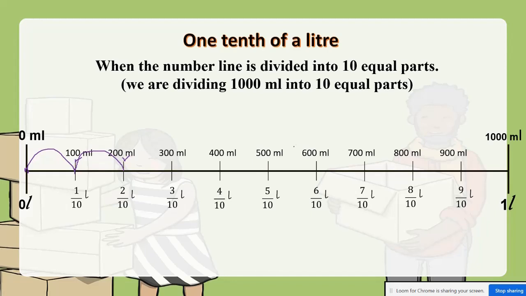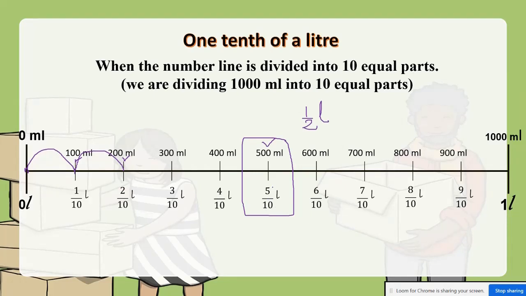Similarly, 600 ml is nothing but 6 upon 10 liters. If you look carefully over here, we have learnt earlier about 500 ml, which is nothing but half a liter. But here we have got it as 5 upon 10 liters.